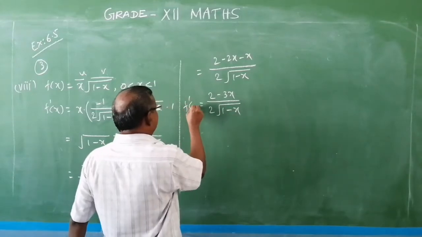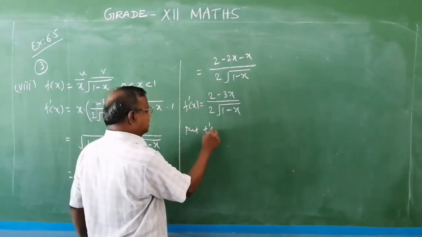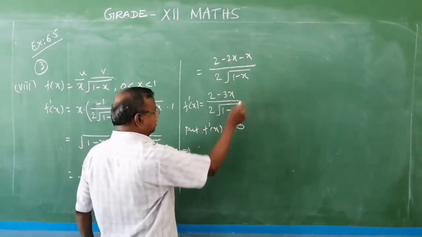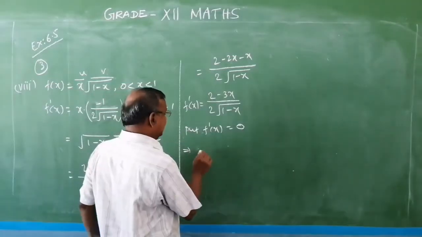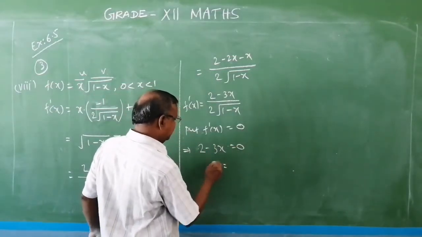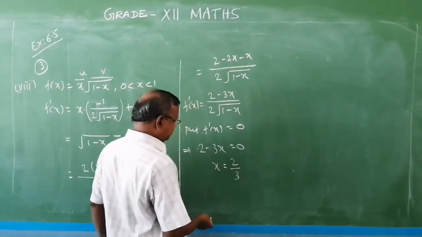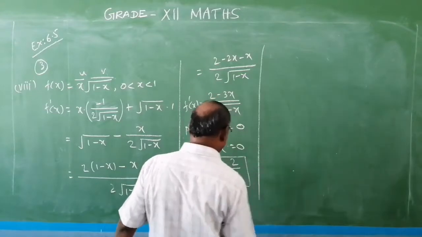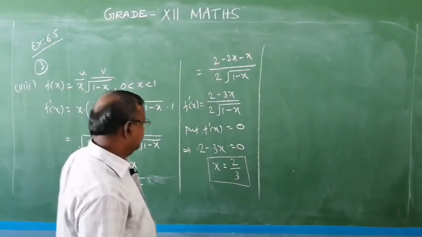This is f dash of x. Put f dash of x equal to 0, which gives the numerator, if a fraction is 0, clearly the numerator is 0. Accordingly, it is 2 minus 3x equal to 0. We have x equal to 2 by 3. So the only critical number is x equal to 2 by 3 where the derivative is 0.